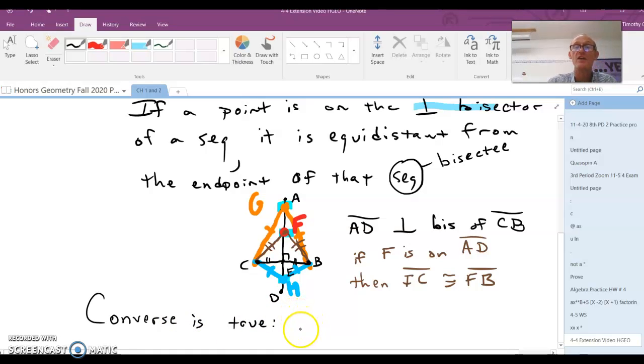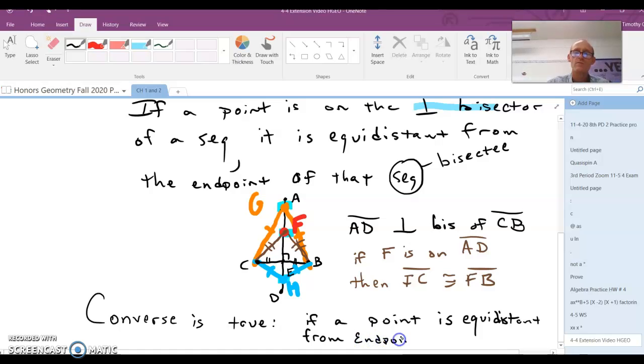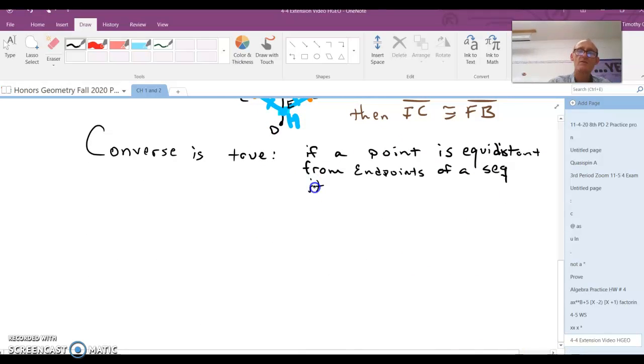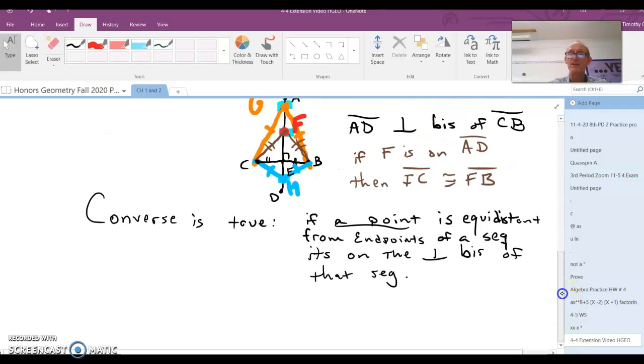And the converse is, if a point is equidistant from the endpoints of a segment, it's on the perpendicular bisector of that segment. Okay, so the opposite is true.